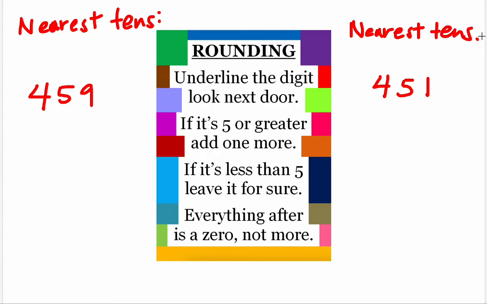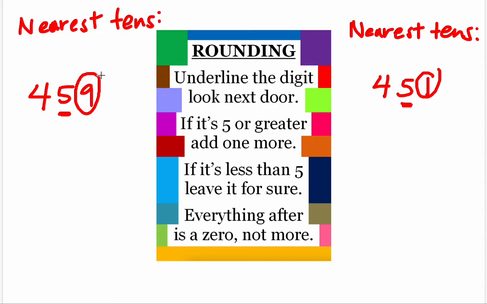For the first step, they say underline the digit. So I need to look for the tens digit, which is where the 5 is in both cases. Underline the digit, look next door. So we're looking right here, next door, to the right. If it's 5 or greater, add one more.